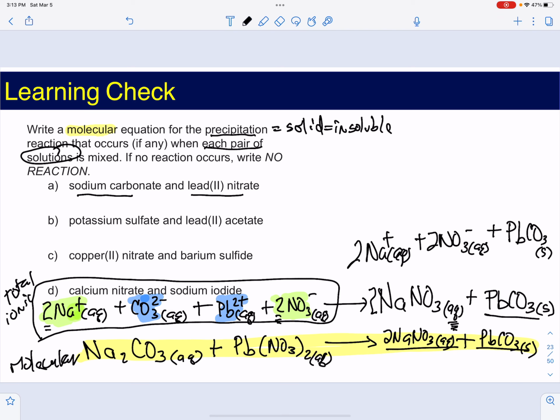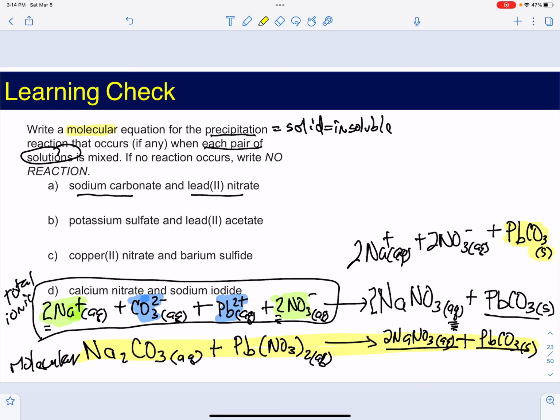And I'm kind of getting ahead into the next objective. So the total ionic is the one where anything that is aqueous, you break it into the ions, keeping track of the coefficients and so on. Anything that is liquid or solid, you leave it alone. You do not break it apart. Liquids and solids, they stay together.